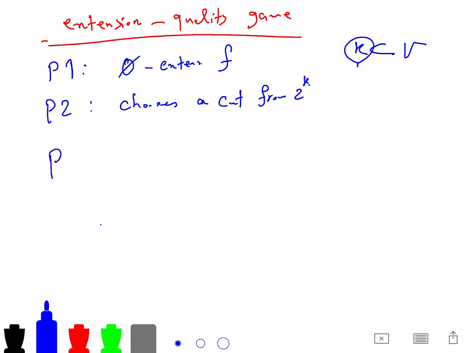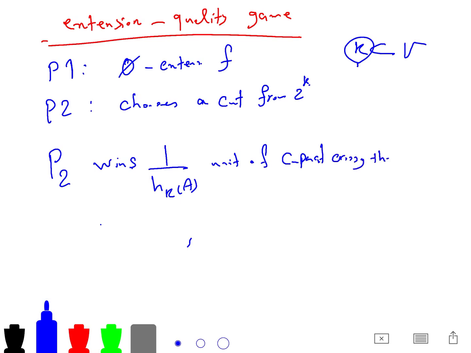So we say that P2 wins the units of capacity crossing the cut A and K minus A in P1's extension.